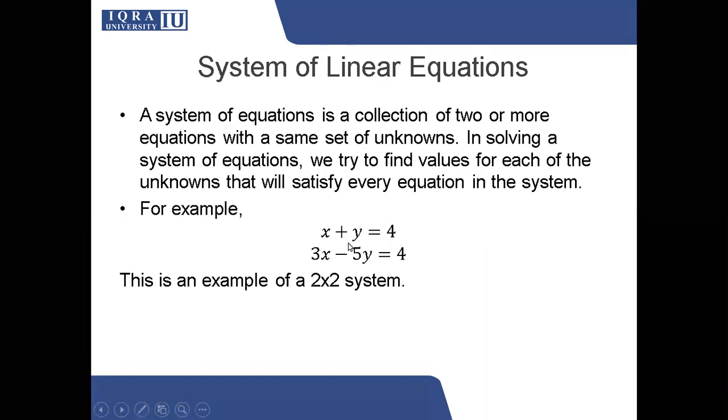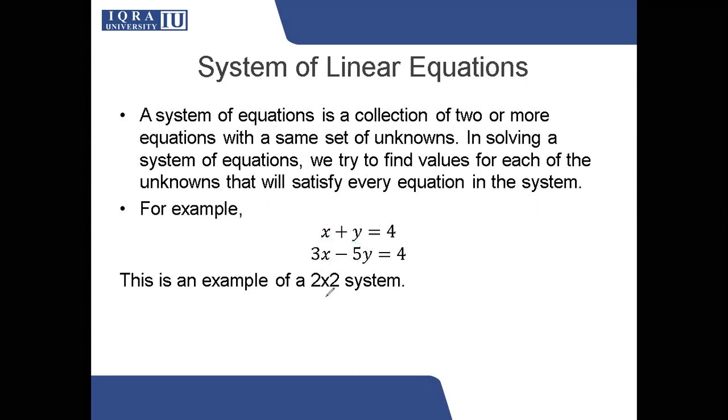Now this, for example, is a system of linear equations where we have more than one equation. We have two equations, and both of these equations have the same variables, right? We have x and y in the first equation, and we also have x and y in the second equation. So this is a system of linear equations.